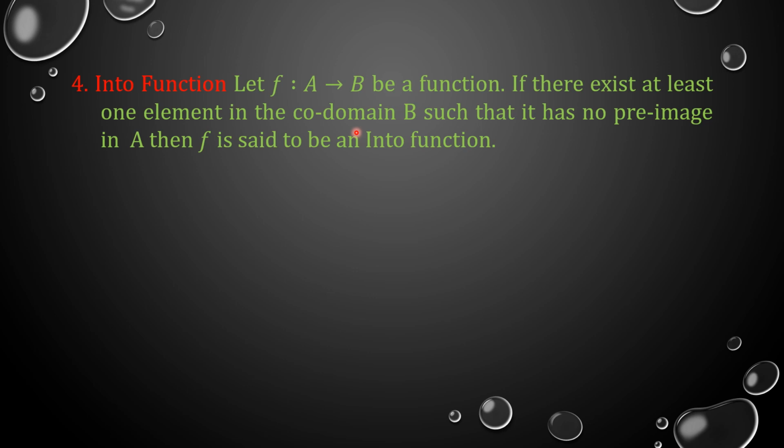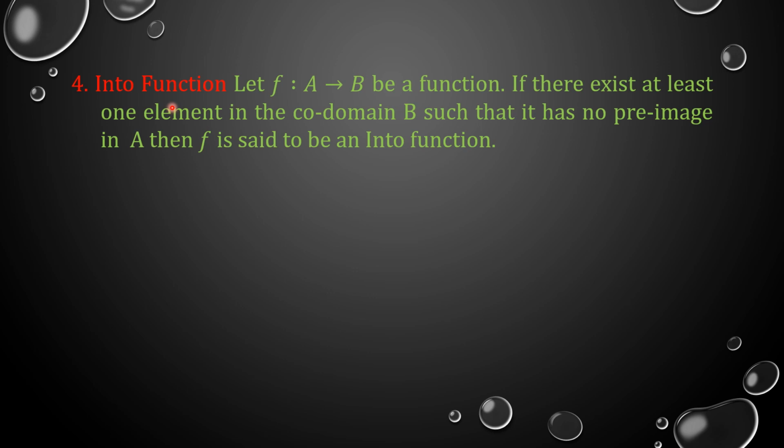So if there exist one or more free elements in the codomain set, then the function is not onto, and consequently if it is not onto, the function is called an into function.